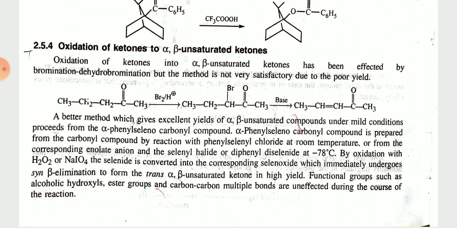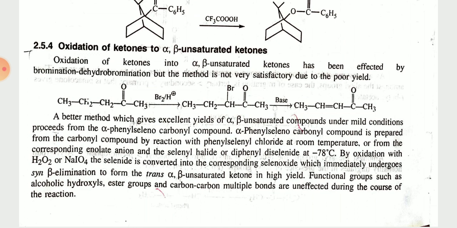Okay, here you can see CH3 CH2 CH2 C double bond O CH3 reacts with Br2 and H plus ion. What we get: on the carbonyl group, the CH loses one hydrogen and the Br combines on that position, and HBr is released.